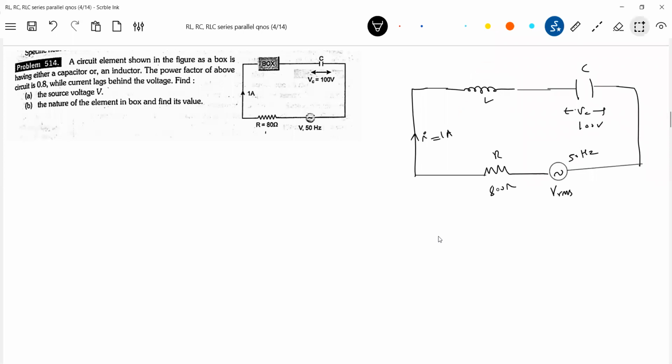There's a box. I'll show the phasor diagram. Let's come for this one. So the current will be like this.